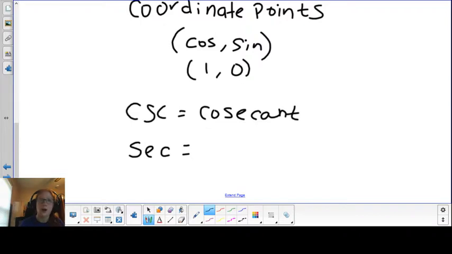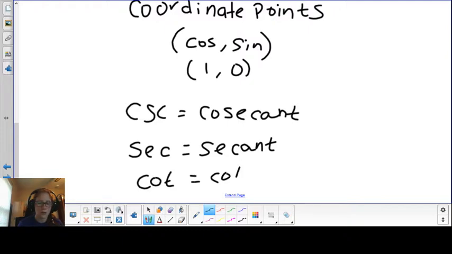SEC is not 'sec,' we're not in science class right now, because it's followed by a theta, which is a version of angles. It is pronounced secant. And my COT is cotangent.